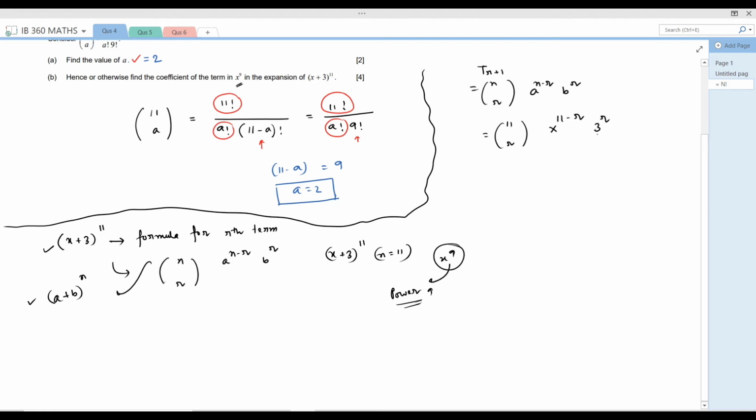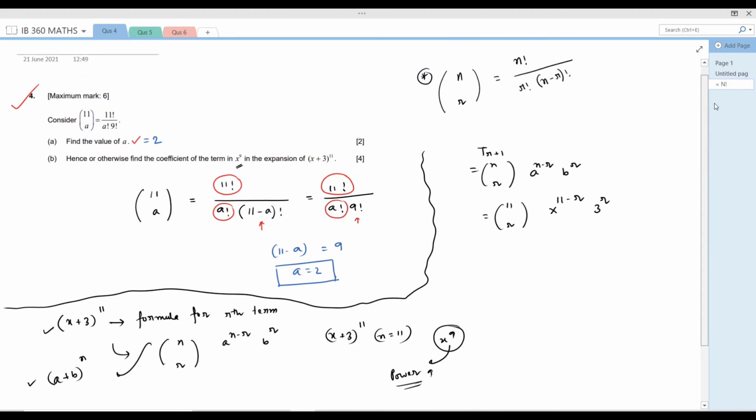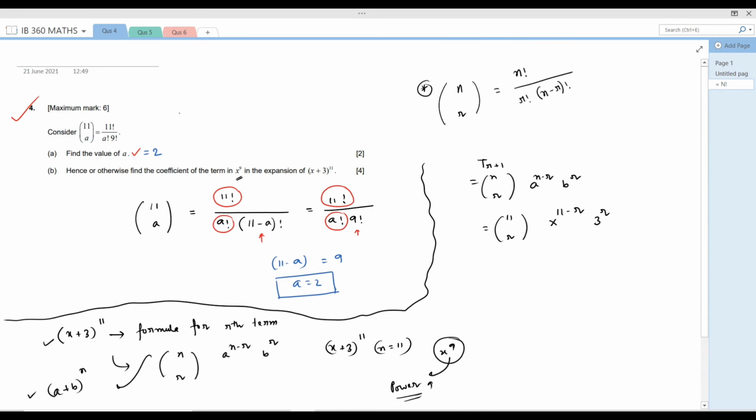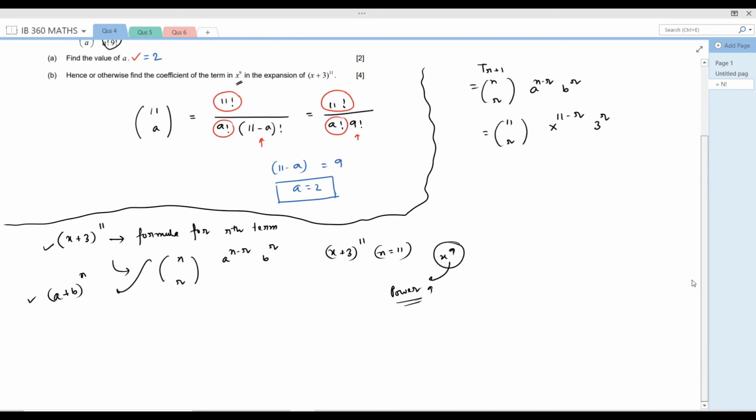Now from this equation we just have to give it a try. Here you can see it is just in the form of 11Ca, that we got 11Cr. So from the previous equation we can write 11 minus r equals 9.